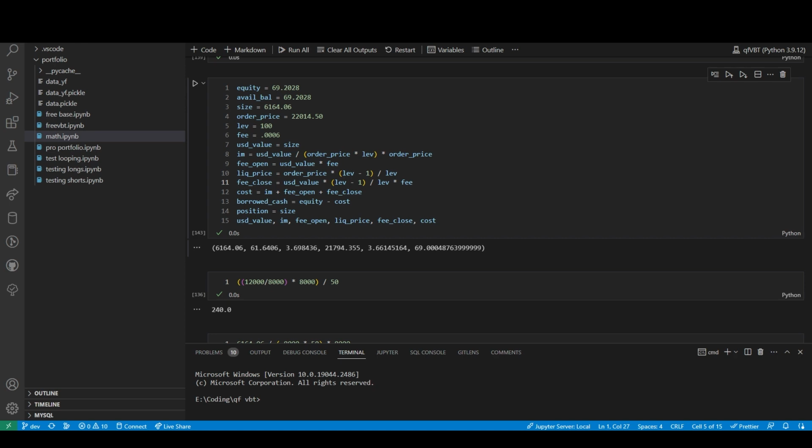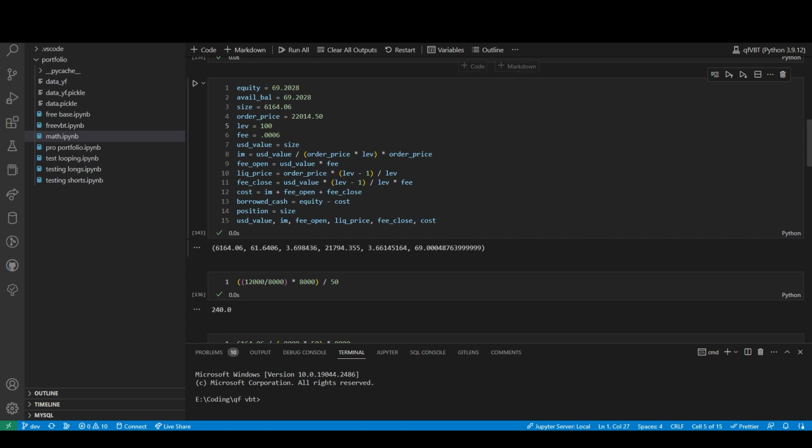Our quantity, our entry price is 22014.50, and our quantity is 0.28. That is incorrect. Because our quantity is 6164.06 divided by our entry price 22014.5.